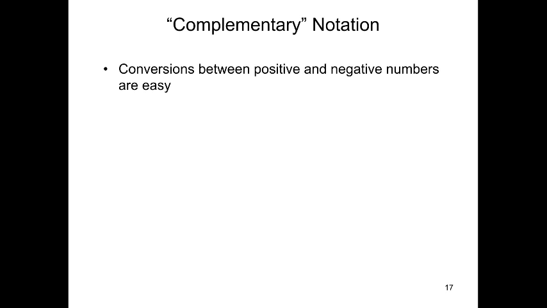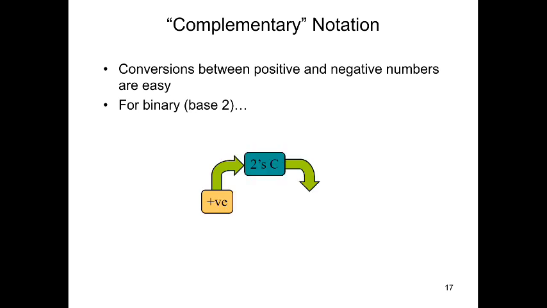You have a complementary notation, which means conversions between positive and negative numbers are easy. So generally we use 2's complement for this purpose. If I take some positive number and make it a 2's complement, I'll get the negative of that number. And when I make the negative number a 2's complement, I get that positive number again.